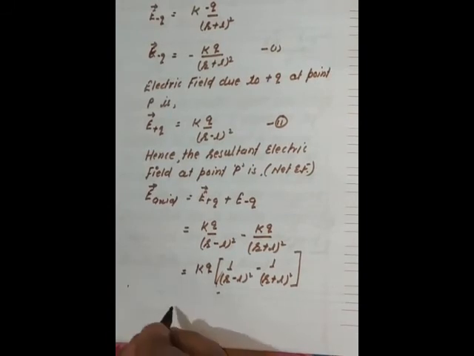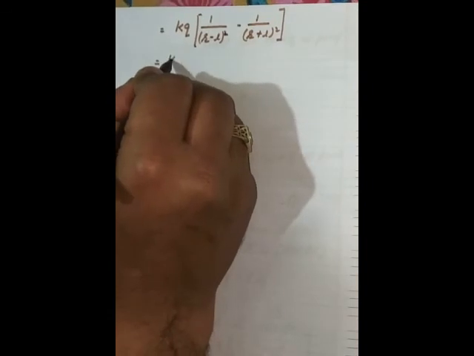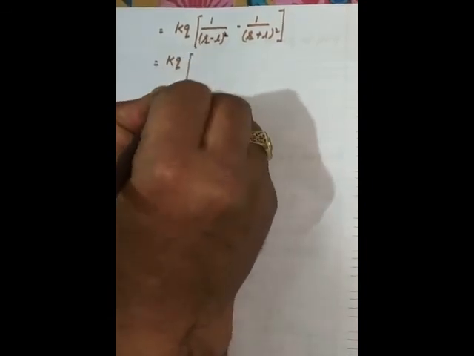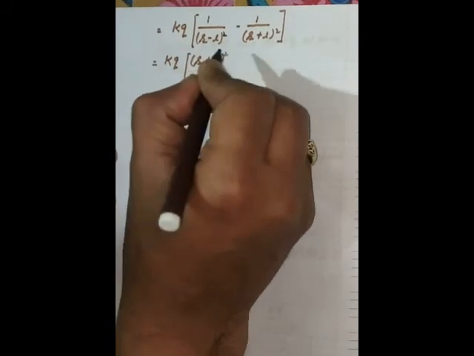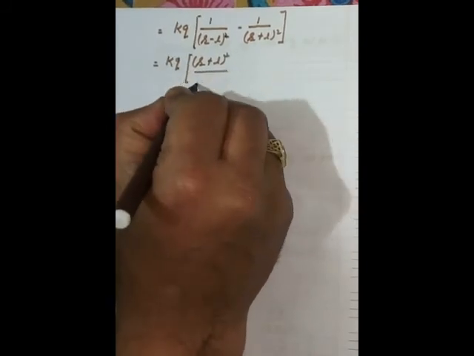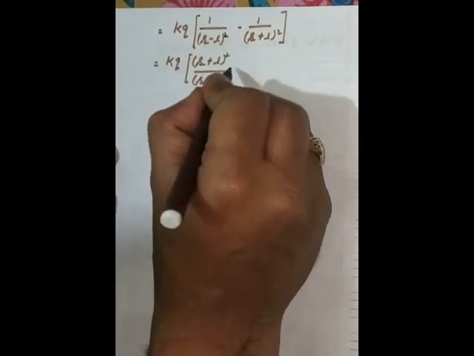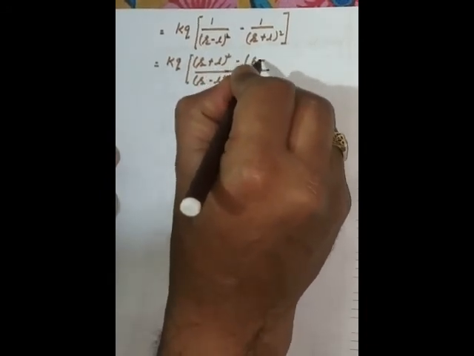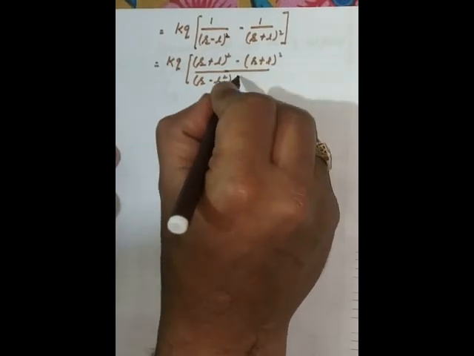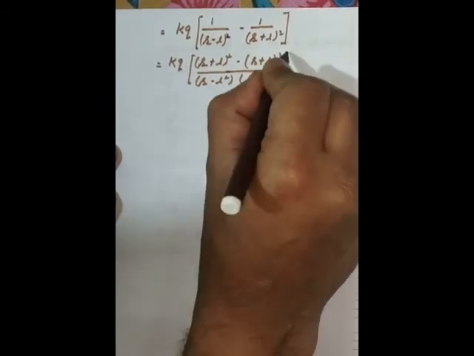Then equals to KQ, R plus L whole square minus R minus L whole square upon R minus L whole square into R plus L whole square.